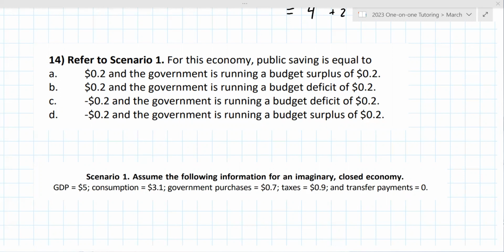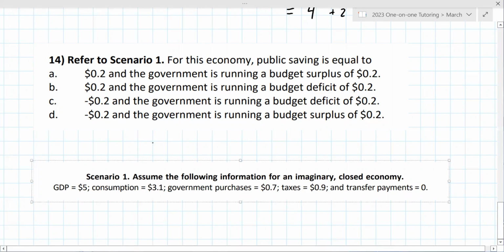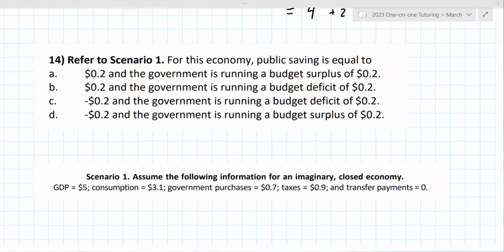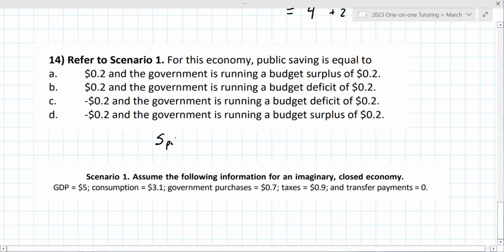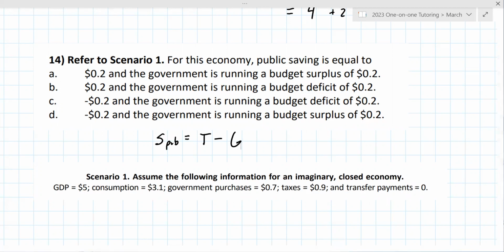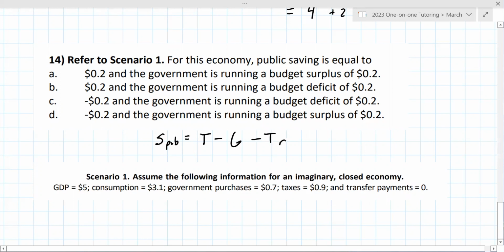Yes. Do you happen to have anything there? Let me look. Basically public savings, I think we said it was T minus G. T minus G minus TR is public savings. Okay, good.